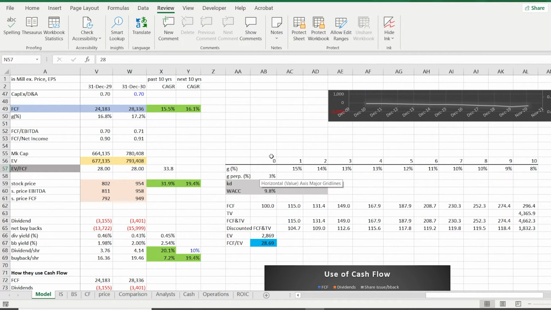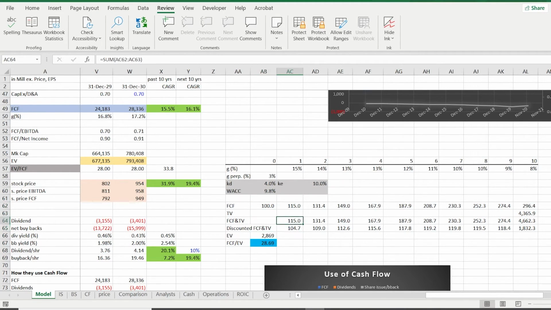And remember, 28 in this case means the following: a growth in years 11, 12, and up to 20 of my projections. That means 2030 to 2040, this is the growth of cash flow that I am assuming, and with this debt cost and this equity cost, which gives me this cost of capital.